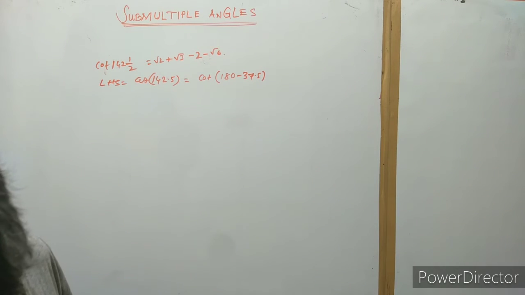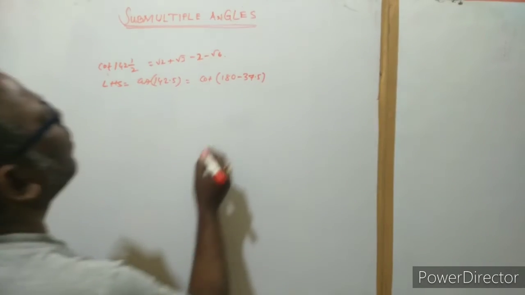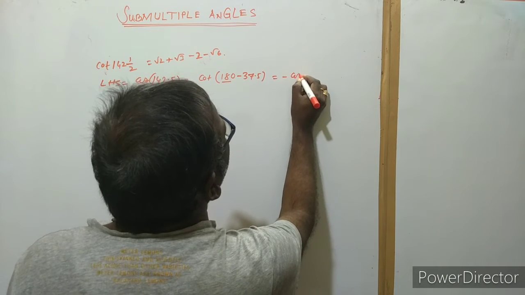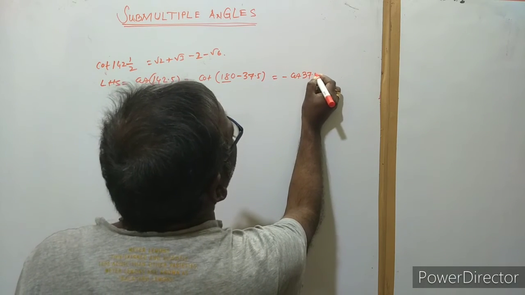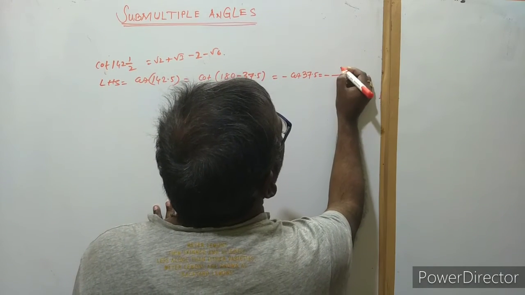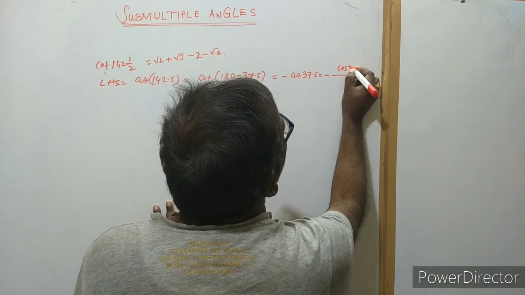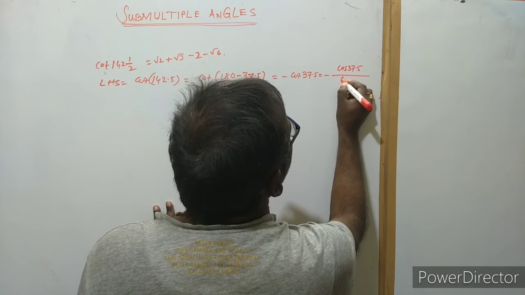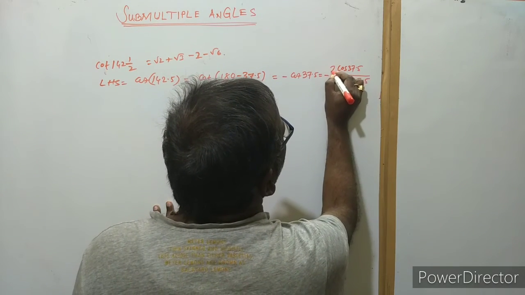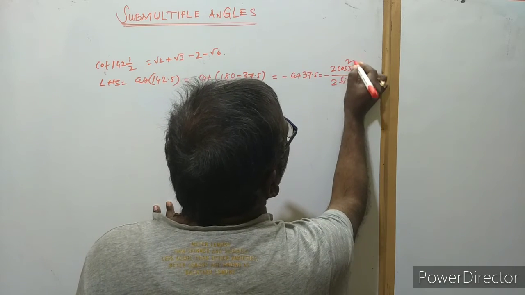Okay, this is here 37.5. So this is 2 into 90. So we can write like cos 37.5 and this is their sine 37.5. Now multiply by 2 each of that and also cos.